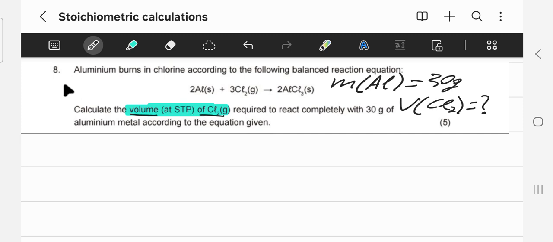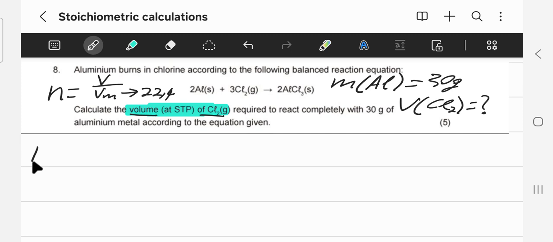And that means we have to make use of this formula, V over Vm, and we know that this is our molar volume, which is a constant of 22,4. The unit I'm not gonna write because this is a constant that's given to you on the data sheet. Because of that, I'm just gonna give you the value. Now let's get into solving this problem.